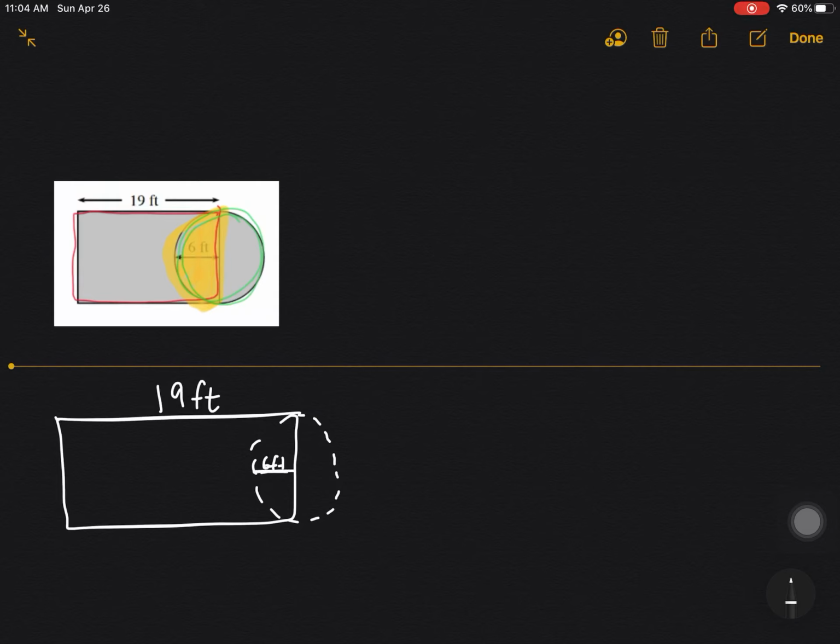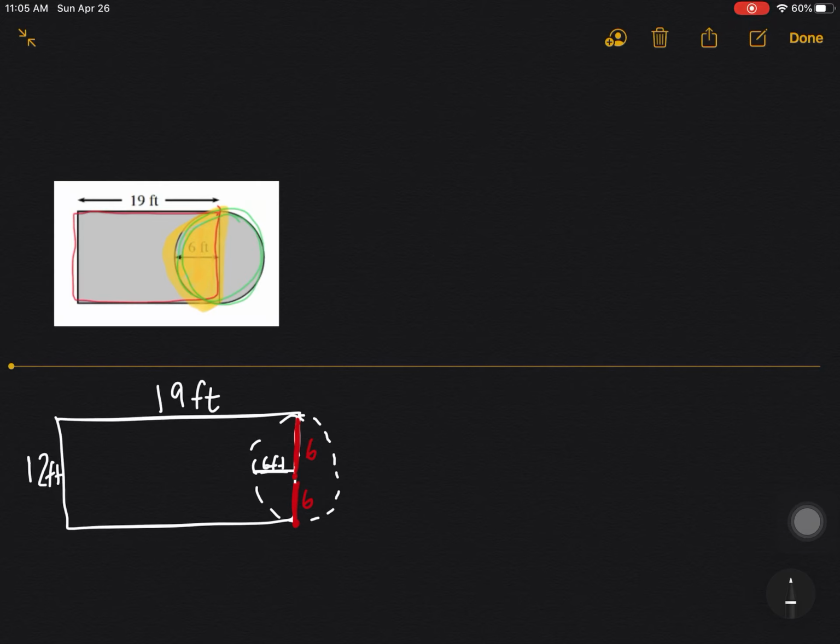Remember that the radius is the distance from any edge point on the circle to the center. So we can say this is a radius and this is a radius, because we're going from the edge to the center. So this is 6 and this is 6, which would give us a width of 12 feet.